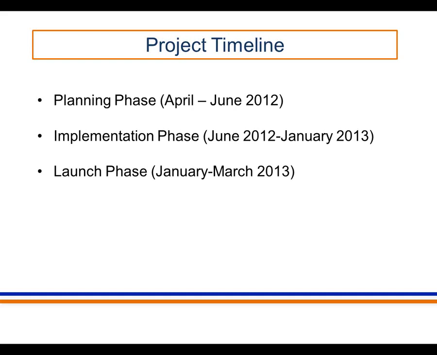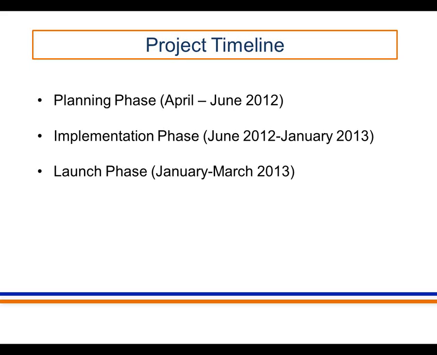The first phase is a planning phase, and that's really trying to get our hands around what we want the system to do, how people are likely to interact with the system, so that it's as easy and effective for them as possible.